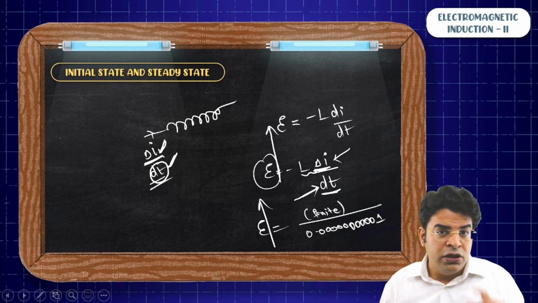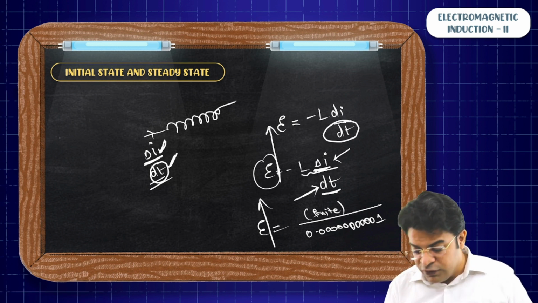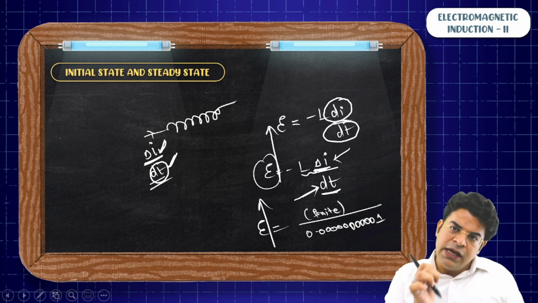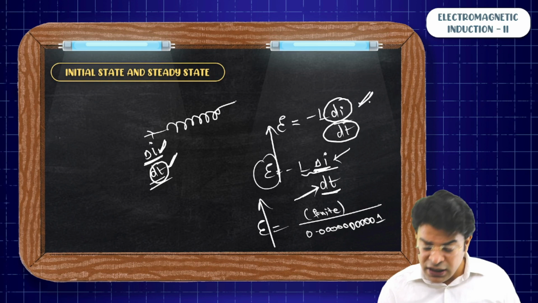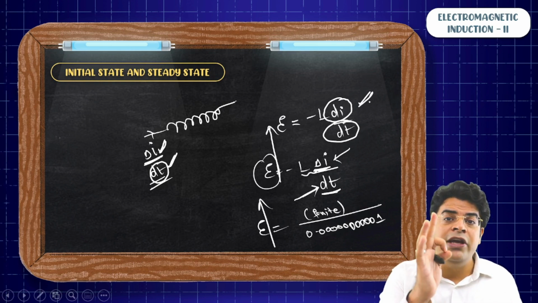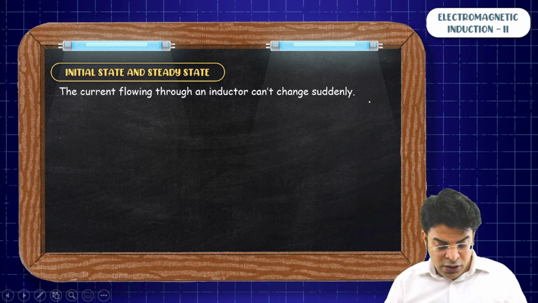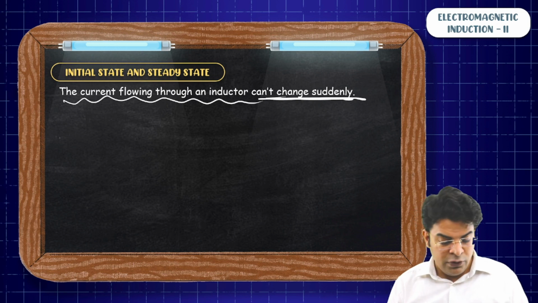So the counter argument comes like, in an infinitely small frame of time, the change in current flowing through the inductor can only be infinitely small. Hence, remember this statement: the current flowing through an inductor can't change suddenly. Why?